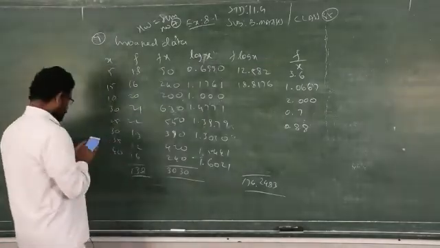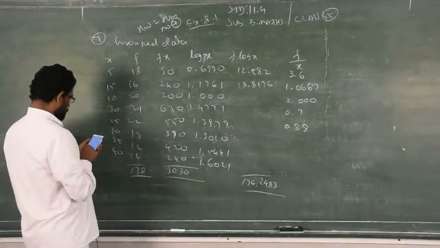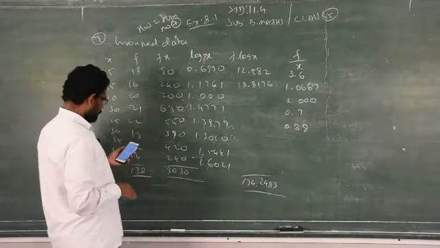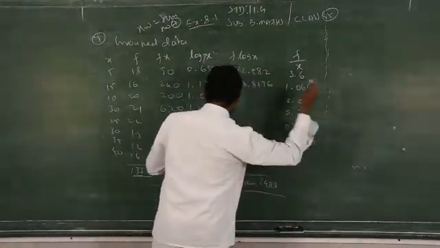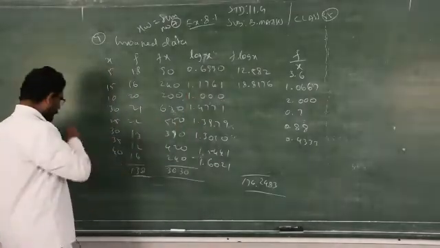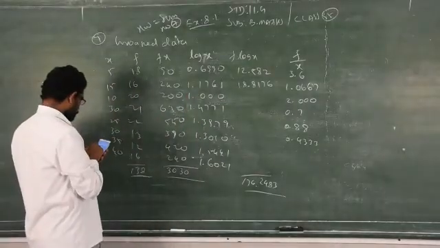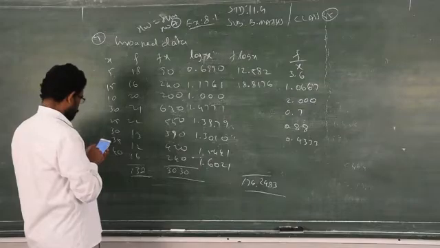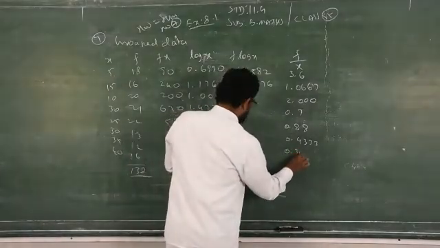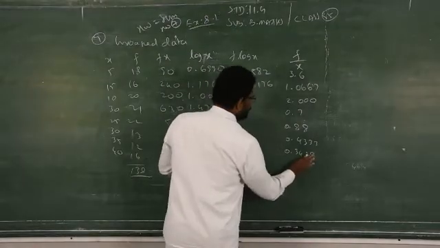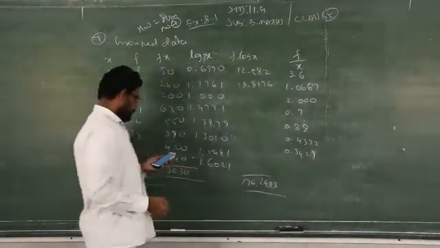Then 13 by 30, 0.433. It's going on 3, so you can write up to 3. Clear? The next one, 12 by 35. Answer is 0.34285. So you can add 1 to the previous digit.